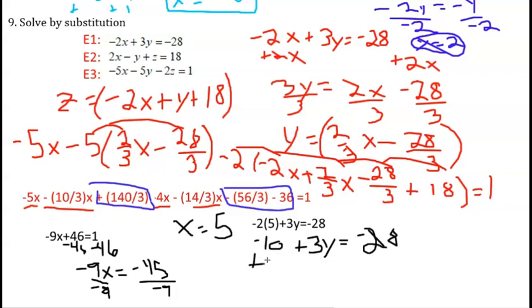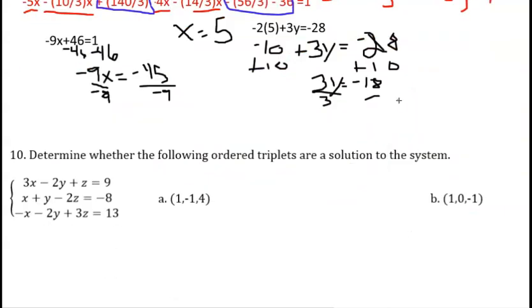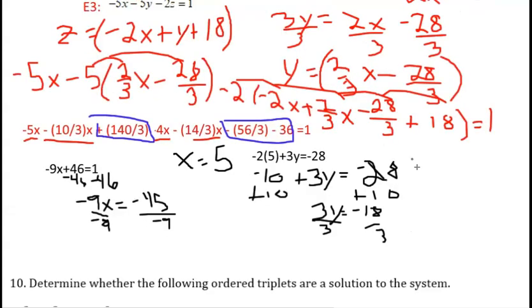Add 10. You get negative 18 equals 3y. Divide each term by 3. You get y equals negative 6.